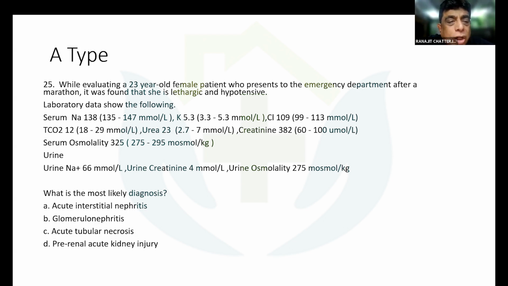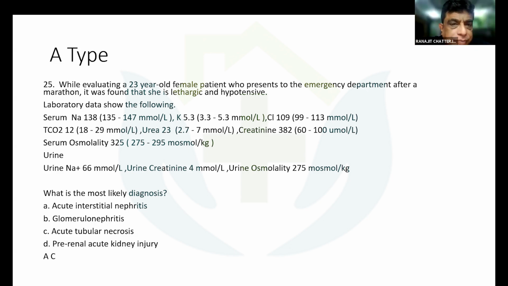You know that the patient is already dehydrated. They want to see whether this fractional excretion of sodium is less than 1% or more than 1%. That means whether the patient is still in a hypovolemic prerenal acute renal failure or already acute tubular necrosis is developing. So if you calculate it, you'll find it is much more than 1%. So the answer is acute tubular necrosis here.